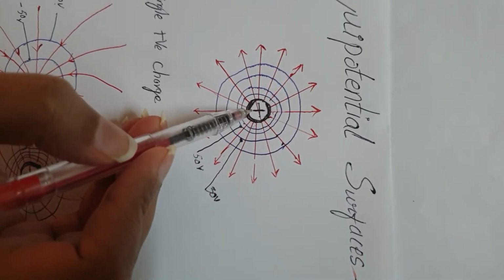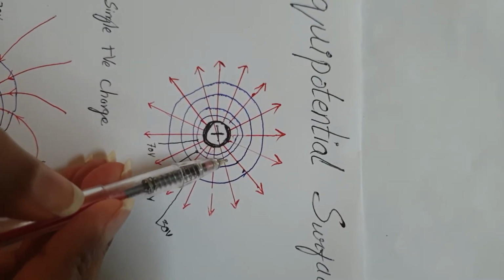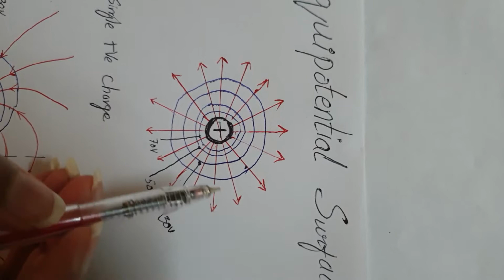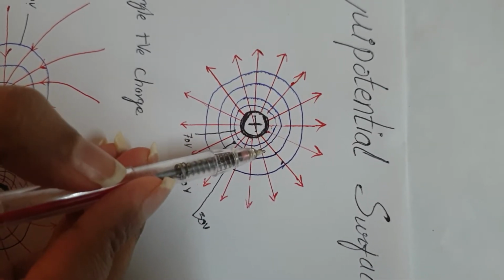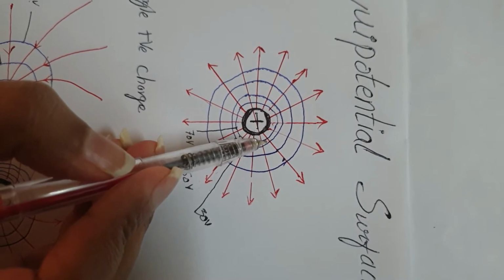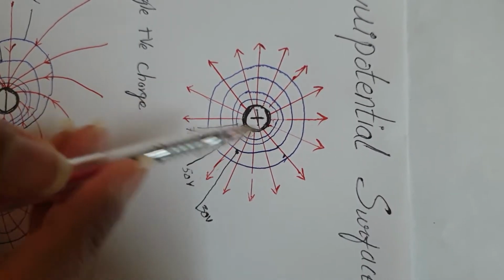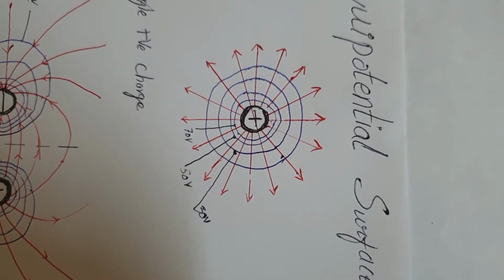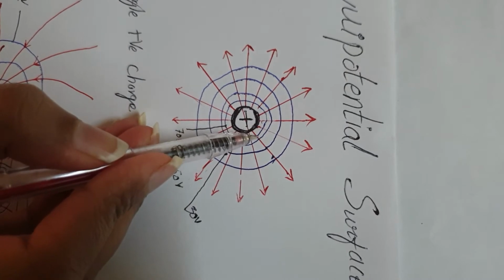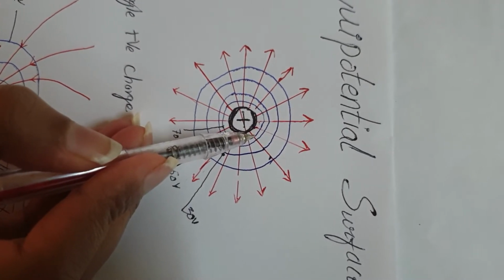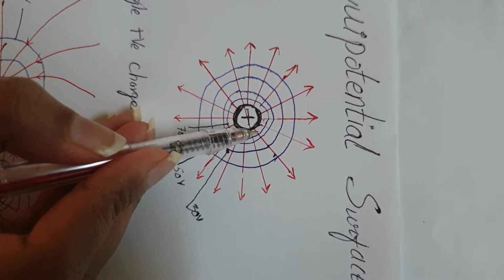So in this region, the equipotential surfaces are close together because the field does a relatively large amount of work at a relatively small displacement. For example, like this one, near the point, the electric field does large work on a test charge. If I place a test charge here, then the electric field does greater work on the test charge.